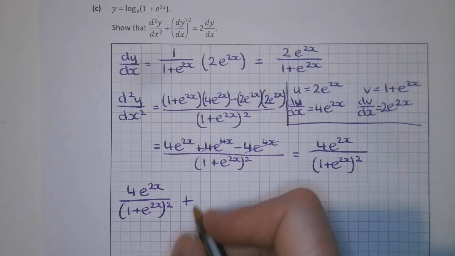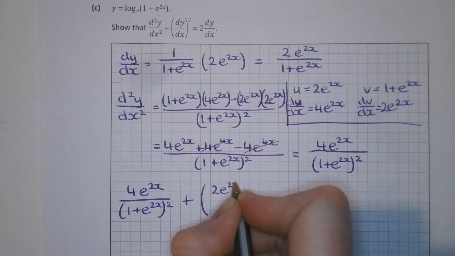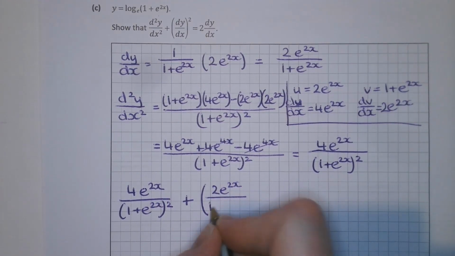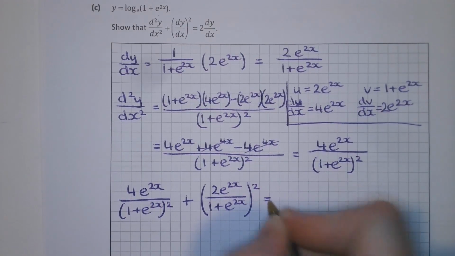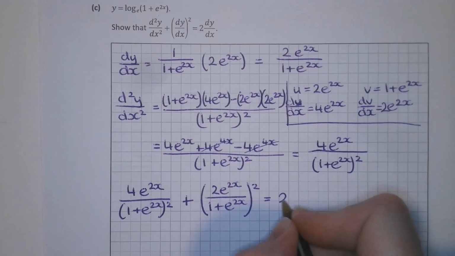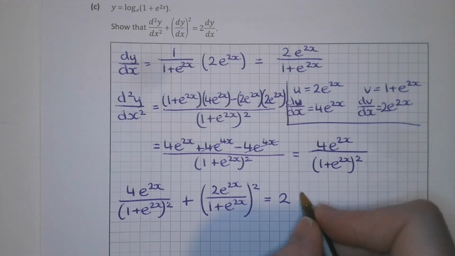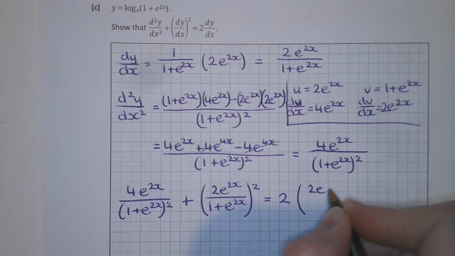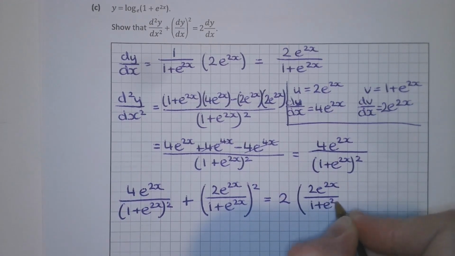So that's going back to our very first answer that we had. So 2e to the power 2x over 1 plus e to the power 2x, and that's to be squared. And we have to show that that's equal to twice the first differential, which is again our 2e to the power 2x over 1 plus e to the power 2x.